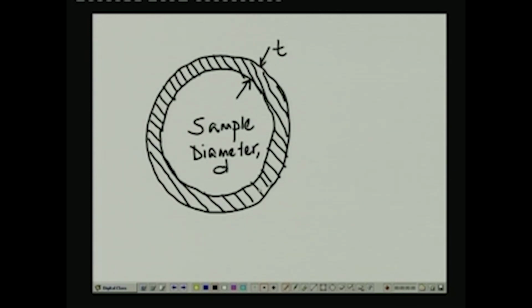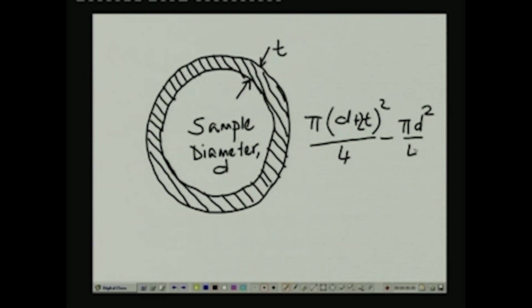So, the area which is shown by cross hatching is going to be pi times (d plus 2t) squared divided by 4, minus pi d squared divided by 4.